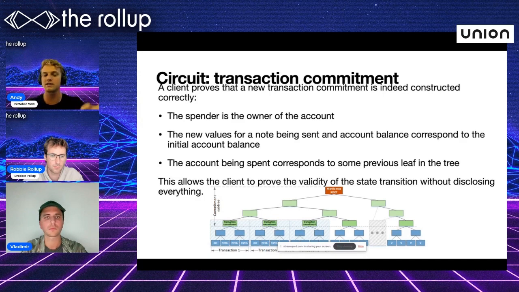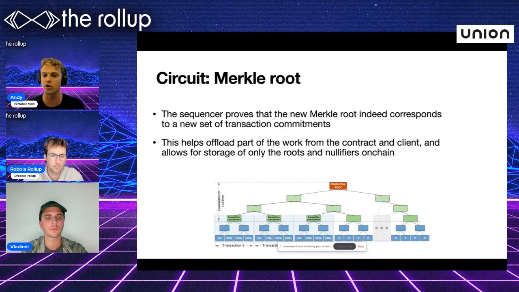Now, in this part where it says to help offload part of the work from the contract and client, is that an economical reason? Is it a technical bandwidth reason? Is it because you can store that data off chain and you don't have to pay to store it on chain? What is the reasoning behind it?